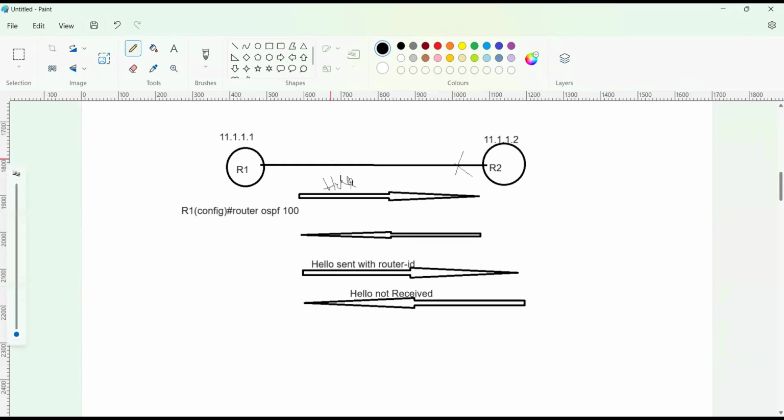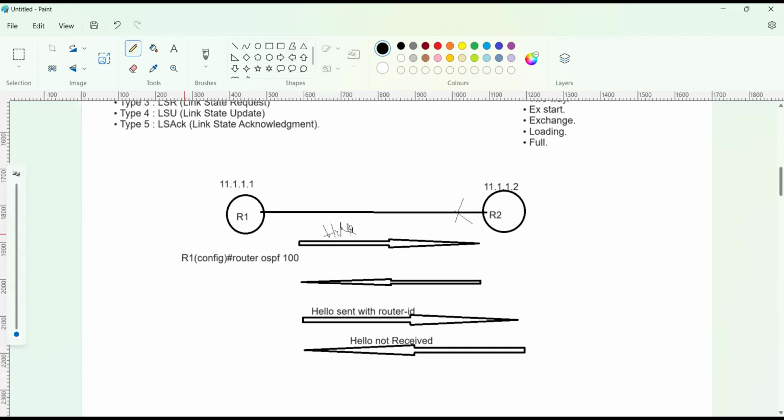So some neighbor criteria should be met. What are they? Subnet mask should be matched, and both should be in the same subnet. If both are in area 0, then the area must match. If we configure authentication, then authentication must match.